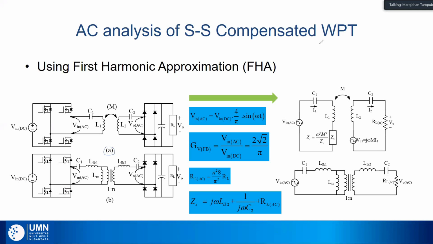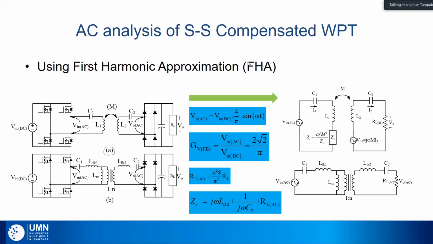To model the circuit here, we usually use the first harmonic approximation. Later, after this topic, I think my colleague Laskar will discuss the modified first harmonic approximation. So this one is the first harmonic approximation.